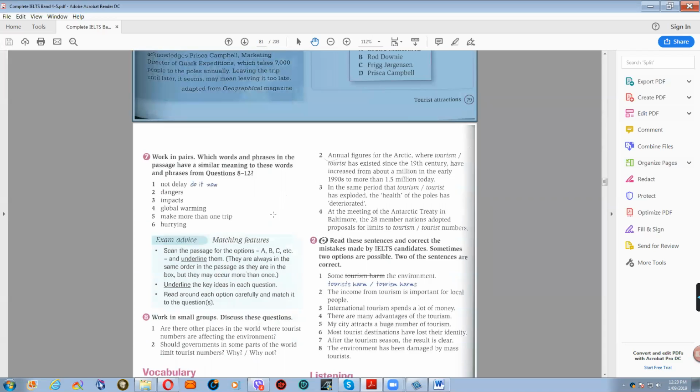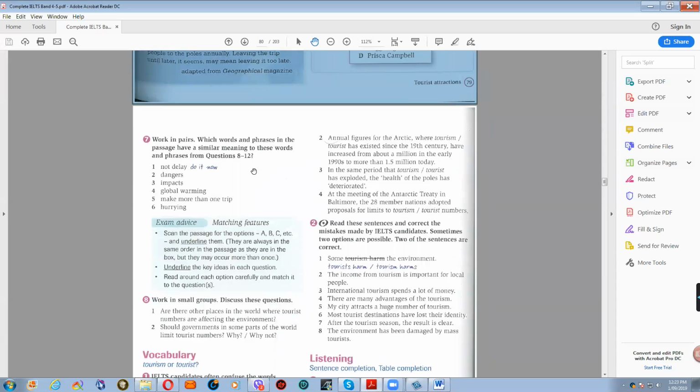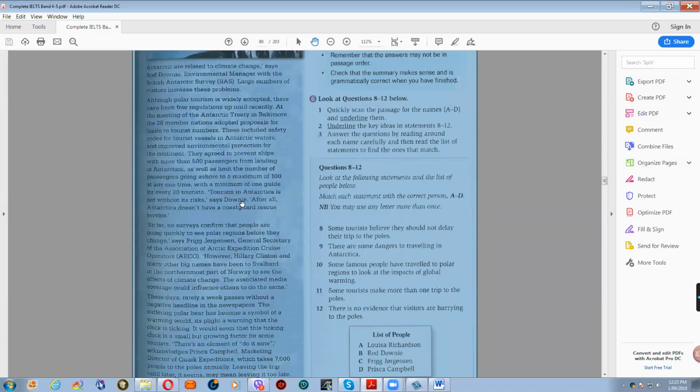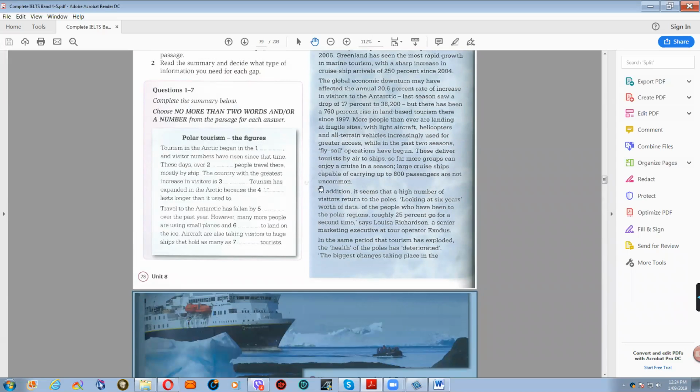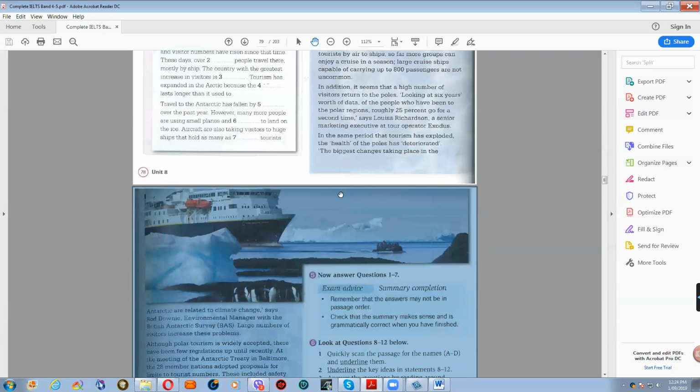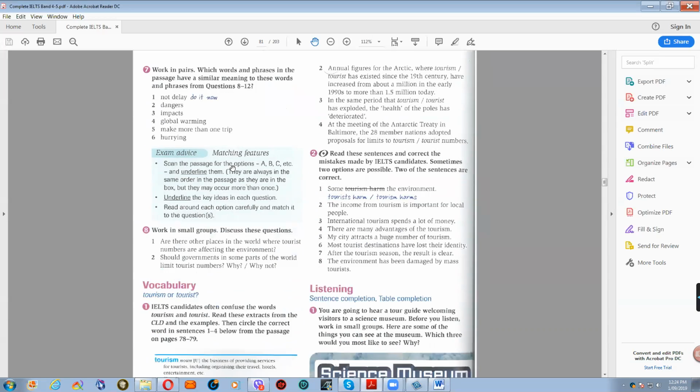Effects. Global warming. Climate change. Make one more trip. Return to the pole. Visitors return to. Hurrying. Do it now.